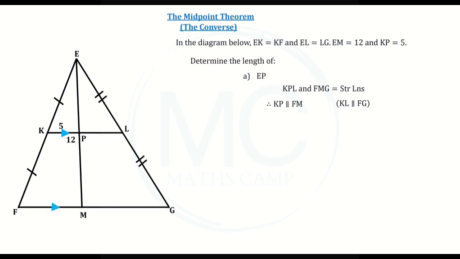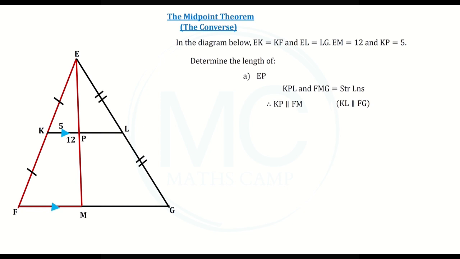The question is asking us to find the length of EP. EP lies on the longer line EM, which is the side of the triangle EFM. So let's make this triangle red. Now we can make our statements.